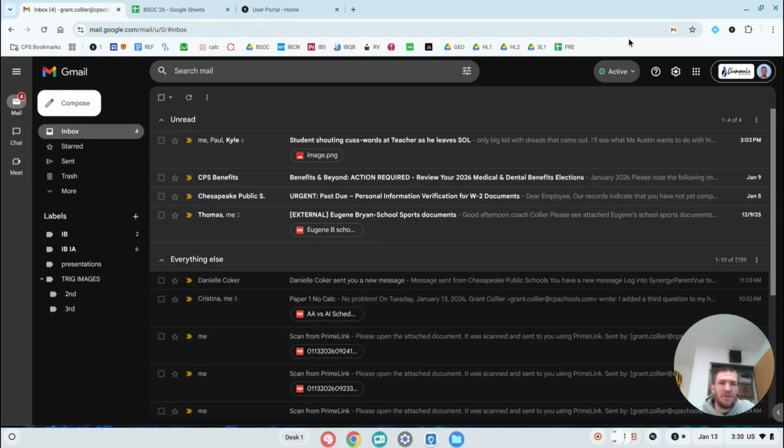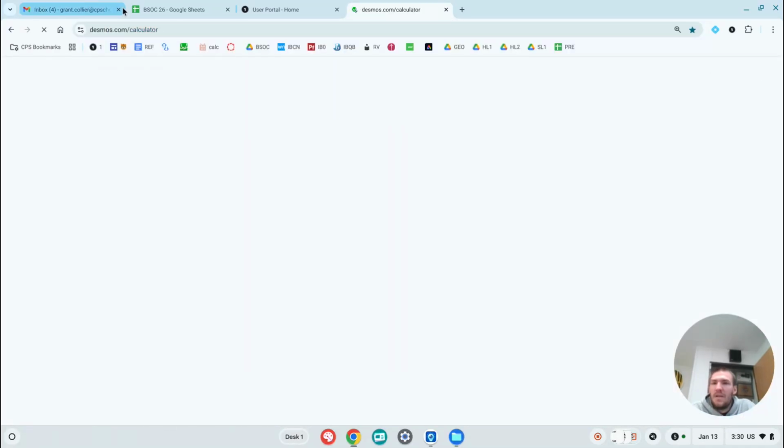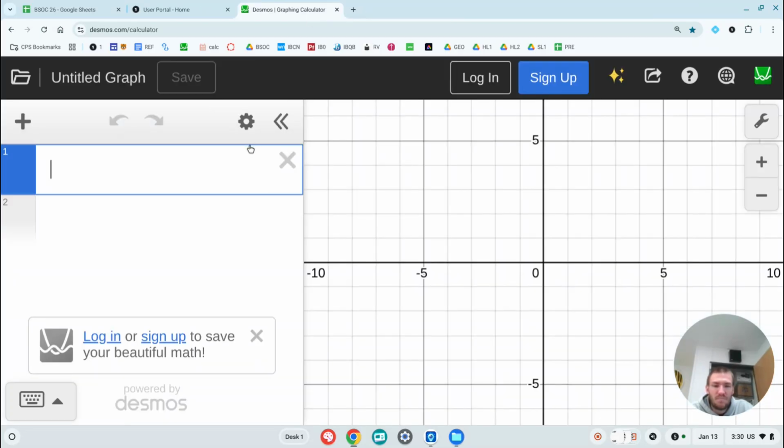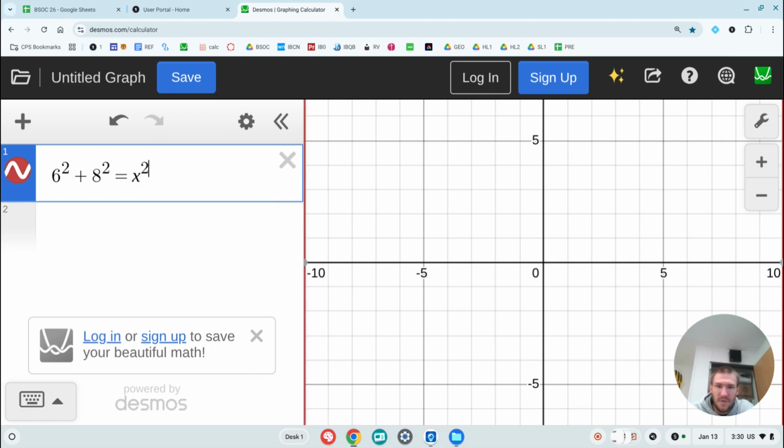Now, we're going to go to Desmos. And on Desmos, we can type this in: 6 squared plus 8 squared is equal to x squared. Now, first of all, how do you type in this stuff?